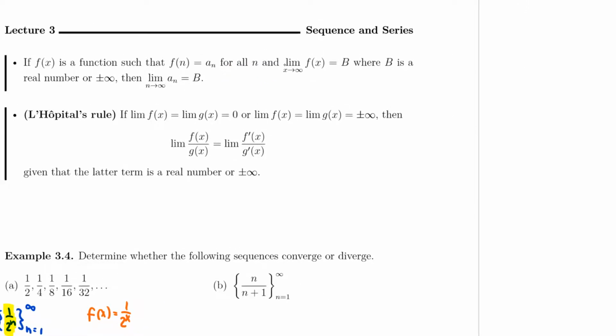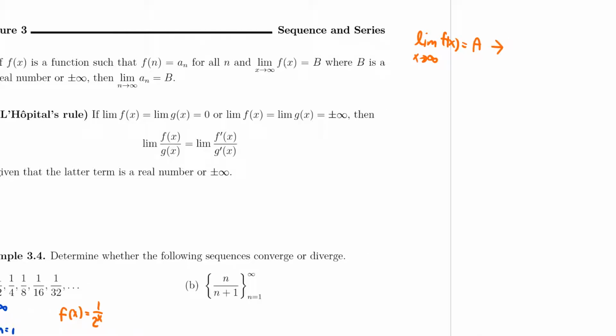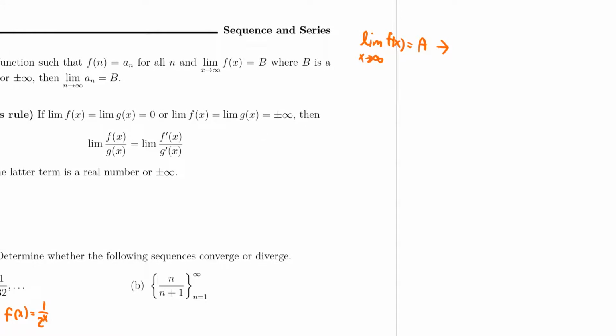If the limit of my f of x when x goes to infinity is just some number, let's say a number a, then what that means is the limit of my a sub n where n goes to infinity is also going to be the same thing.